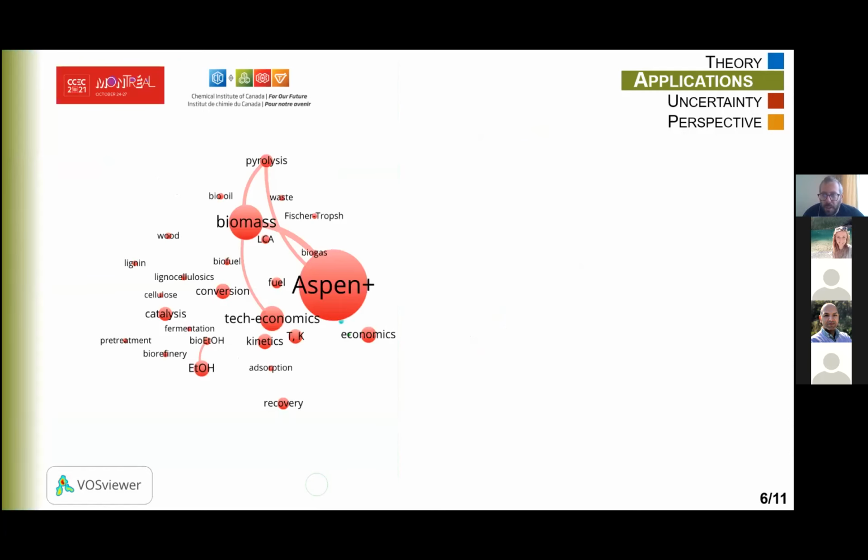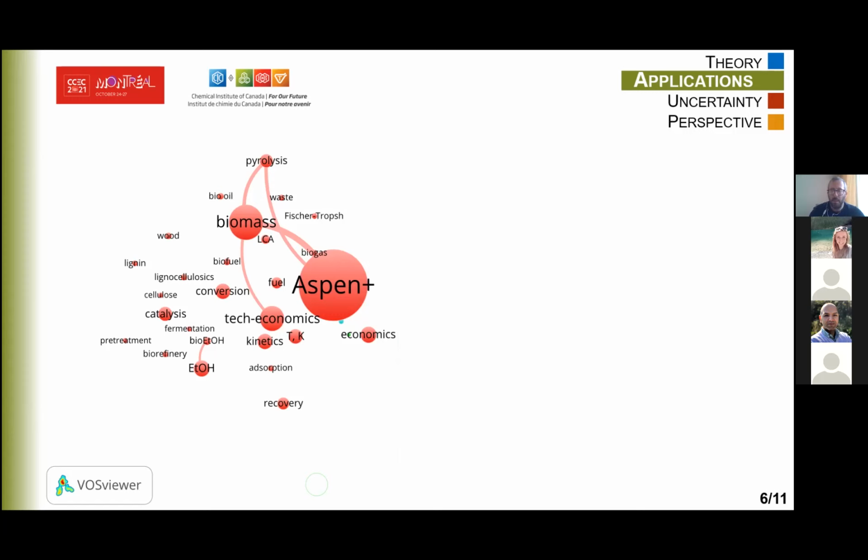So VOSviewer generated a text map from the most recent articles containing process simulation, either in the abstract or in the title. When you see these kinds of maps, the bigger the circle, the higher the count of the specific keyword, while the vicinity of the circles means that there is close interaction between the words.